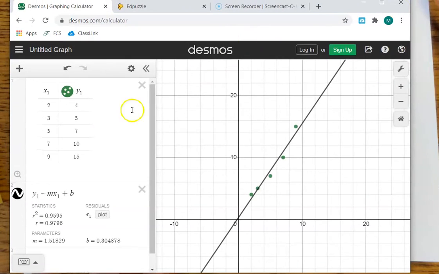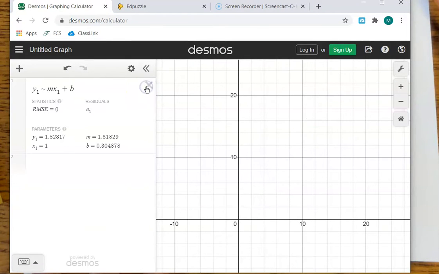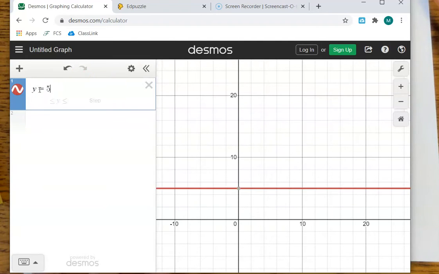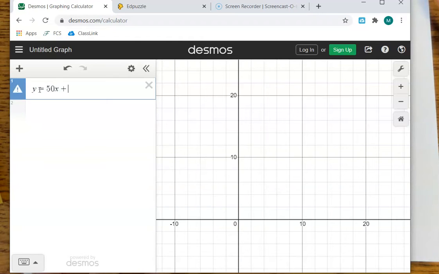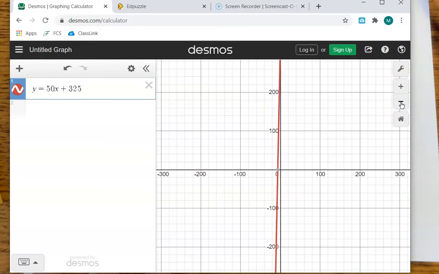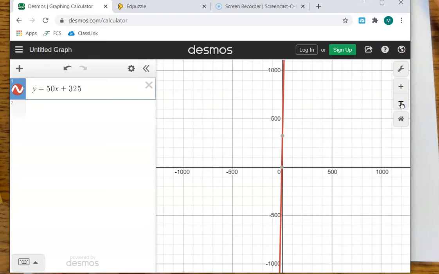Alright, so I'm in Desmos. I was using Desmos for AP Stats, so I had some stuff left in here. I'm going to write my equation. Y equals 50x plus 325. Looks like that is a very steep slope.